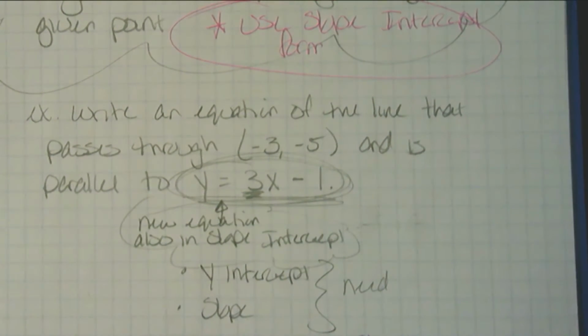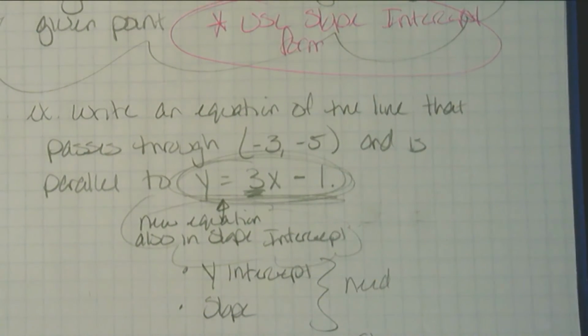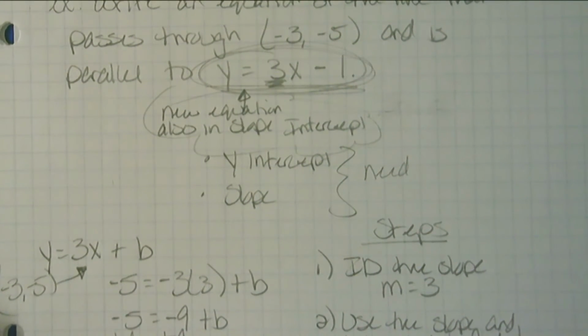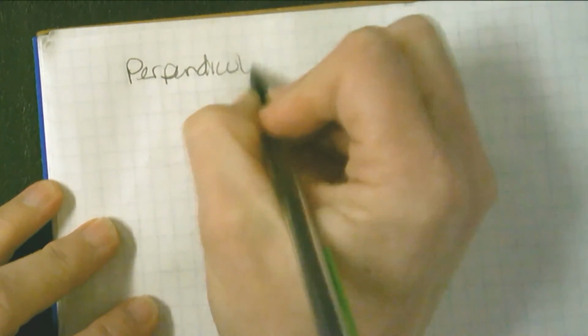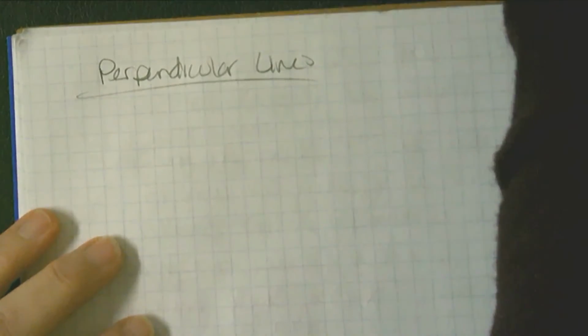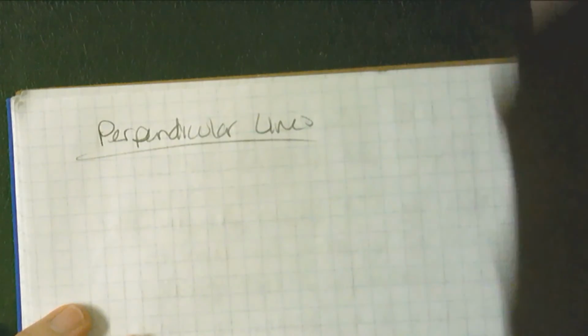I'm not going to be able to give you the time to prove why this is the case, but you're just going to have to trust me that it is. You can look in the book and figure out why. When we talk about perpendicular lines, if two lines are perpendicular, what does that mean they create?